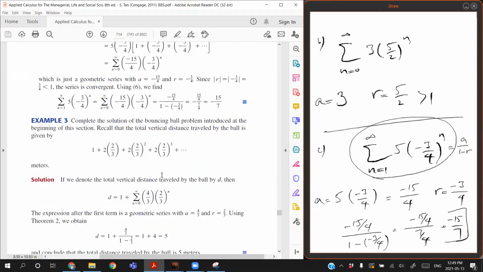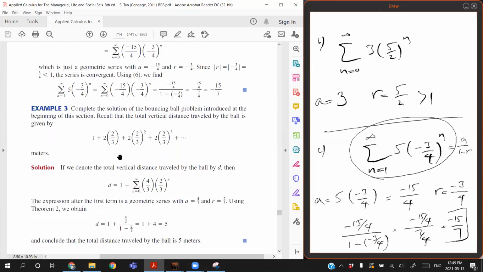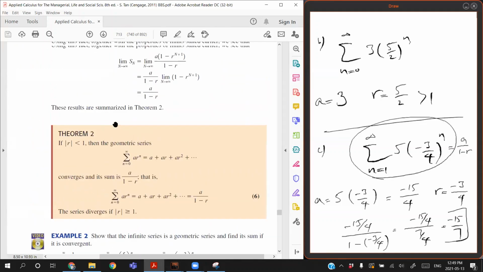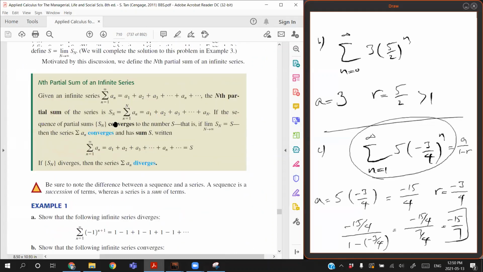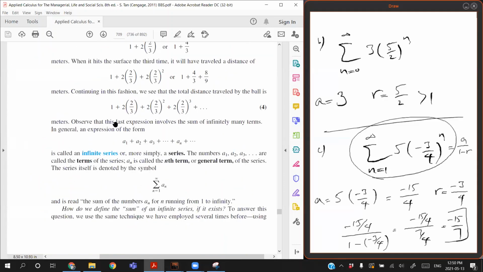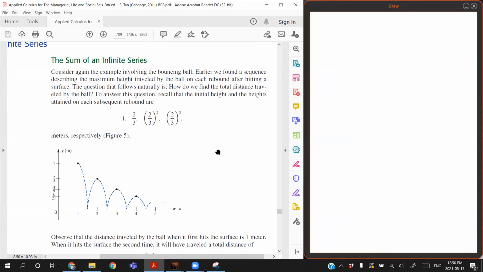Okay, so we can now go back to the example that this section begins with and see that this is a geometric sequence, and thus the series is going to be a geometric series.